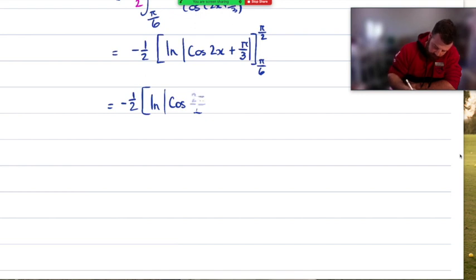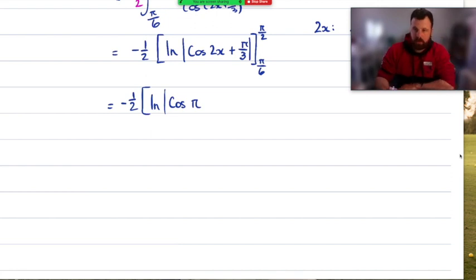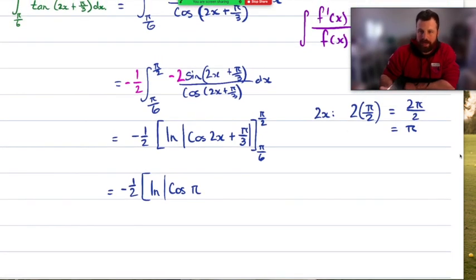So I'm going to change that now to pi. If I have 2x, 2 lots of pi on 2 equals 2 pi on 2, which equals pi. I'm just going to do that off to the side here.